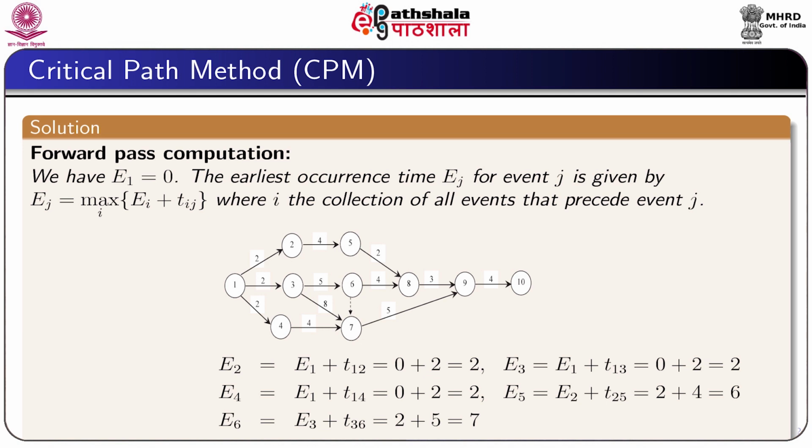For this, we first do the forward pass computation. According to the rule, we take E1 equal to 0 and the earliest occurrence time Ej for the event j is given by Ej equal to maximum over i of Ei plus Tij, where i is the collection of all events that precede event j.